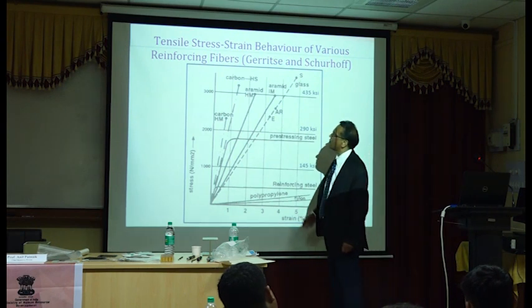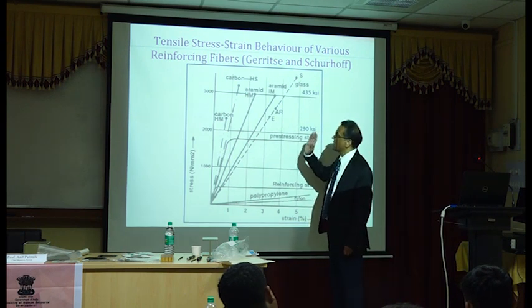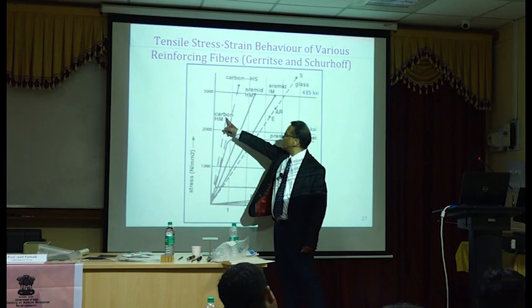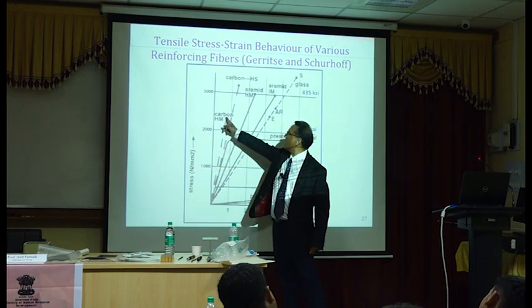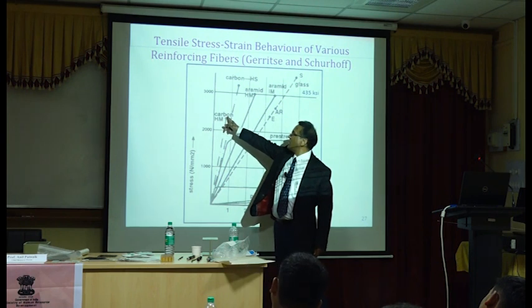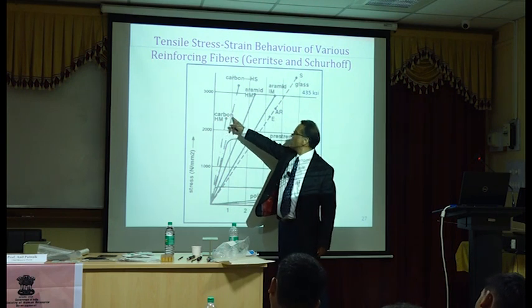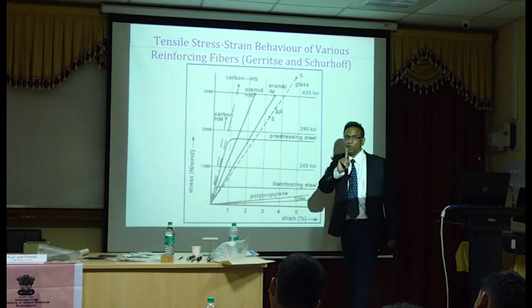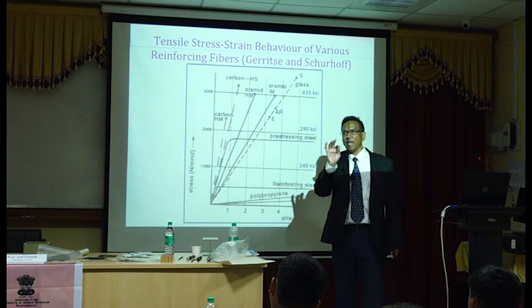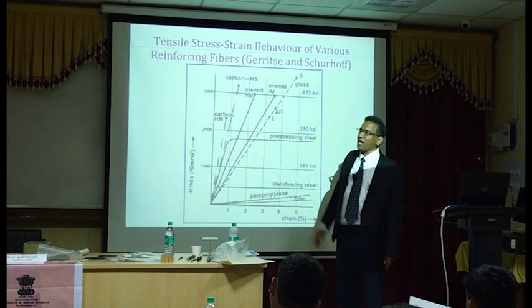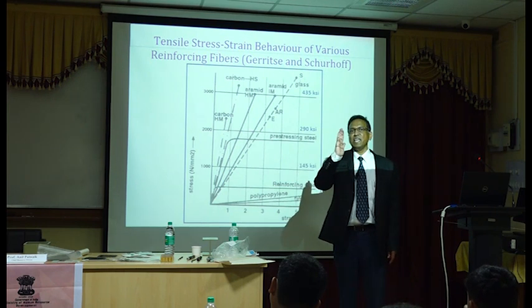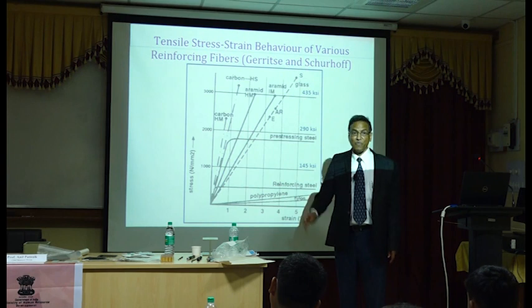Now, there are many different fibers. Carbon fiber is shown here. It's a straight line all the way up to here. But at this point, it has no yielding. Very important. If you want to remember anything from today's lectures, remember this. All these fibers have a linear stress strain curve up to failure.